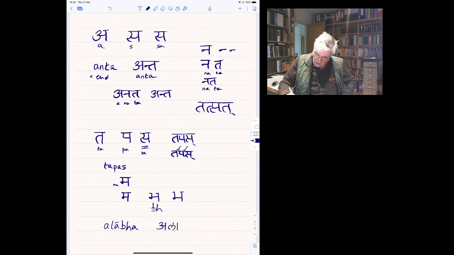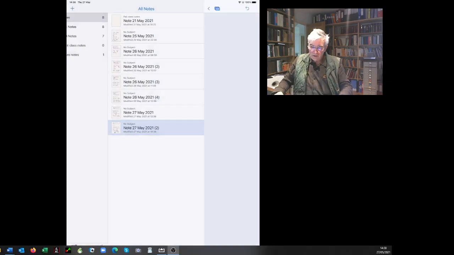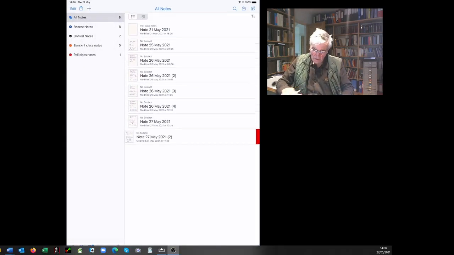Now we're going to write the bha, but because it's got a broken top, I now start writing the crossbar here and make the bha like that. Alabha. I could equally have written it like that, la, bha, and then like that. Again, it's a matter of style, it doesn't terribly matter.